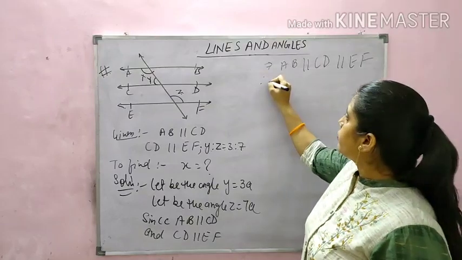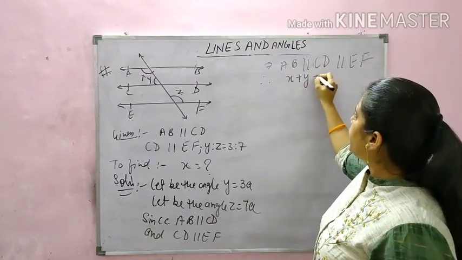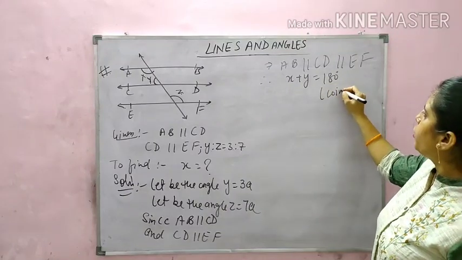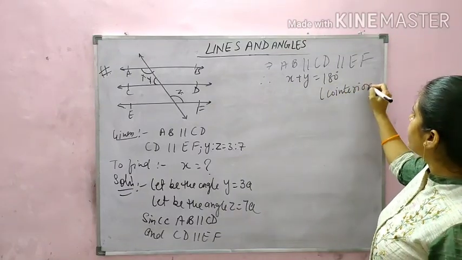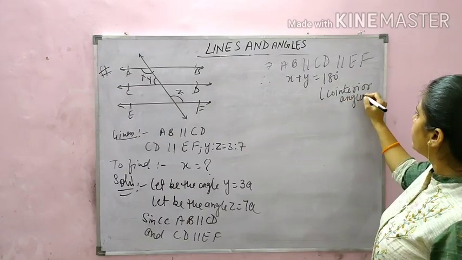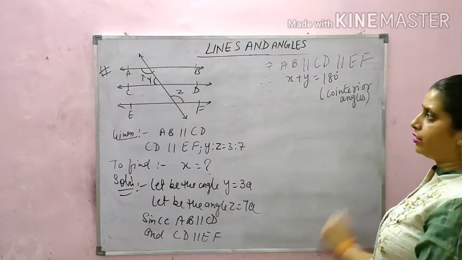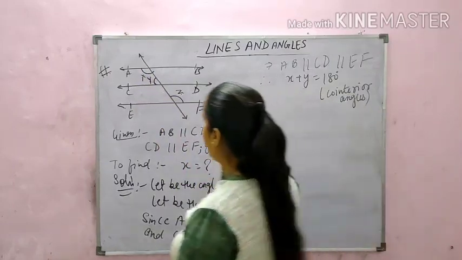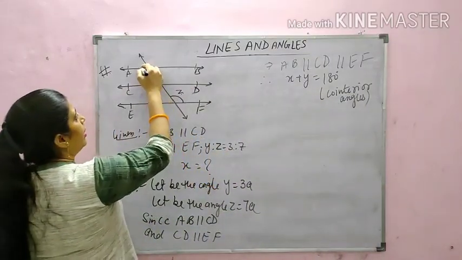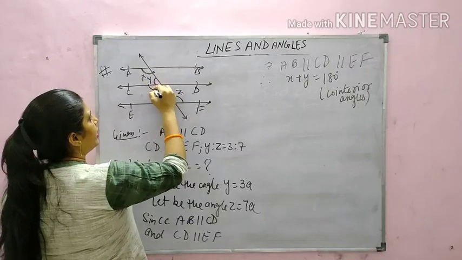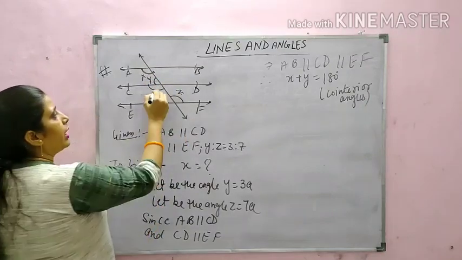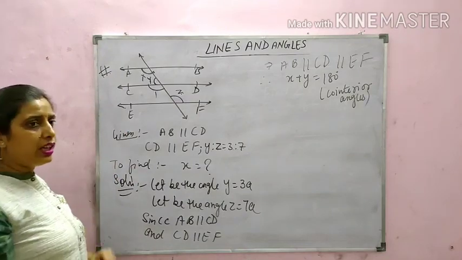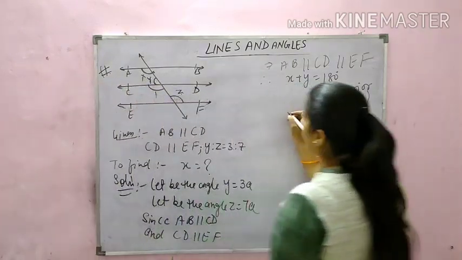Therefore, x plus y equals 180 degrees. Why? They are forming co-interior angles. Next, x equals angle 1, these are alternate angles. This is the easy way to solve this question.